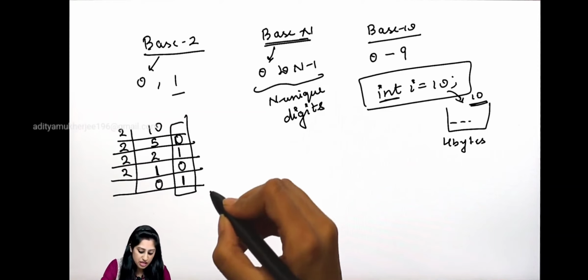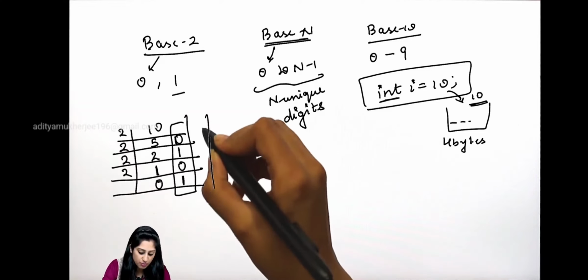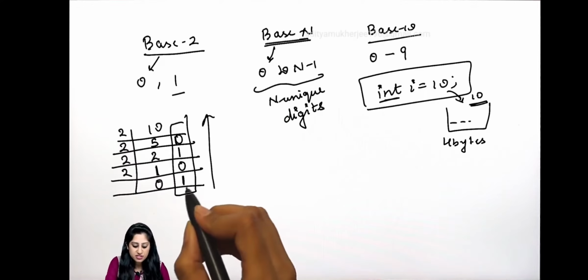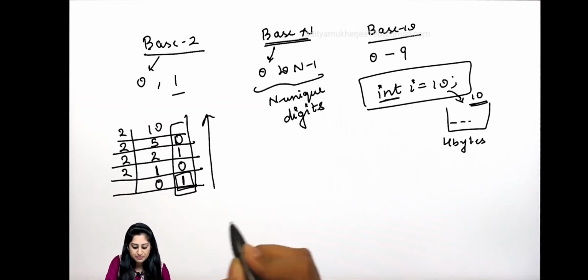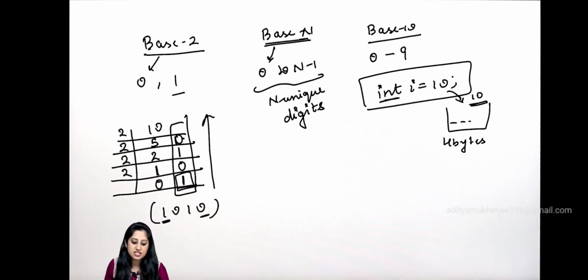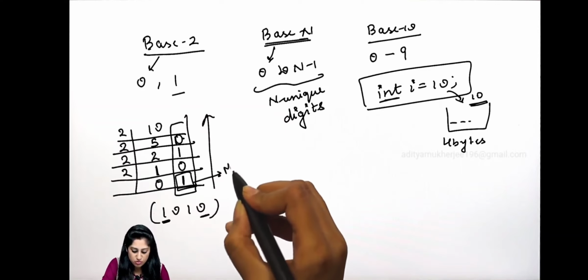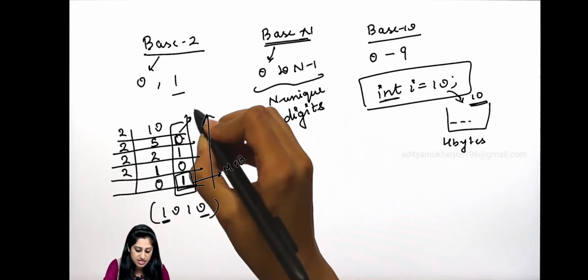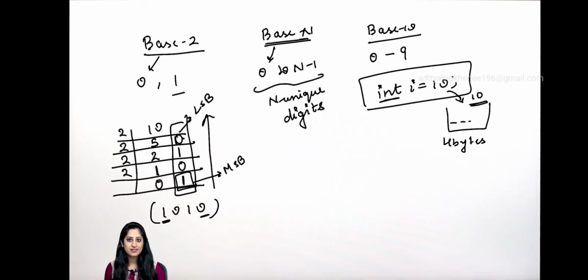These are the digits which are of importance for me. So now just read them in a bottom to top fashion. This is the most significant bit, and this is the least significant bit, right?